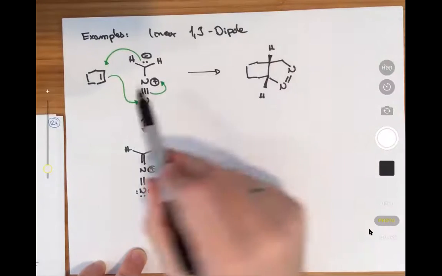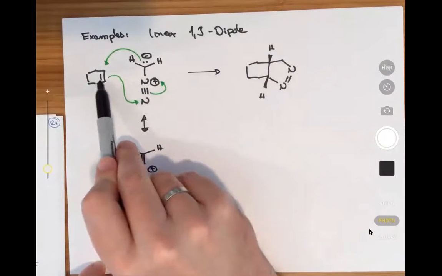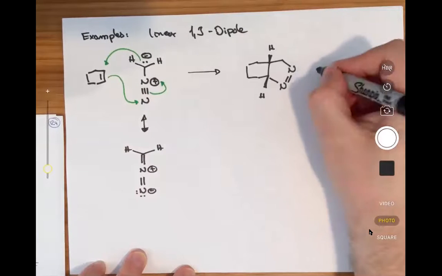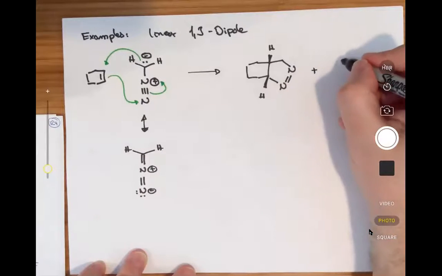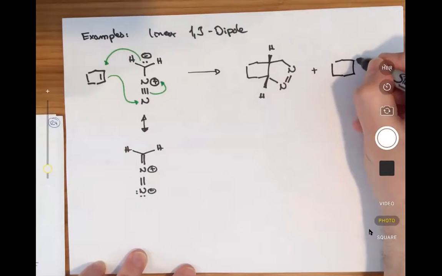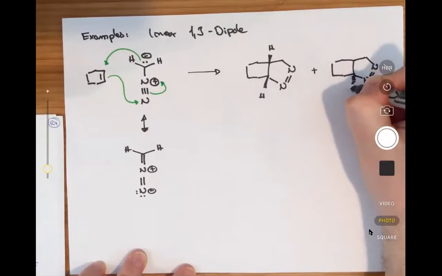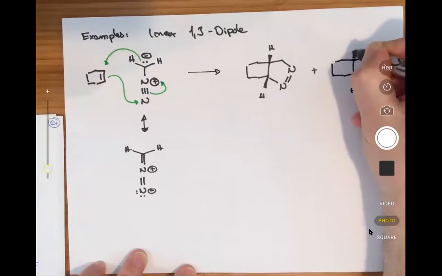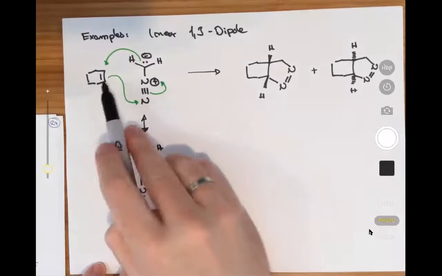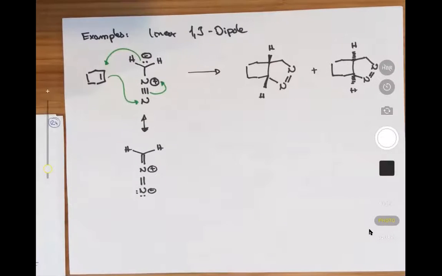You could have arranged these where the 6-membered ring comes to rest above this pi system or below this pi system. So you always get the 2 possible enantiomers out of this reaction. So the other product that you expect to see from this is the one where the hydrogens are just pointing to the other side. And that depends on how these molecules essentially come together in the transition state.